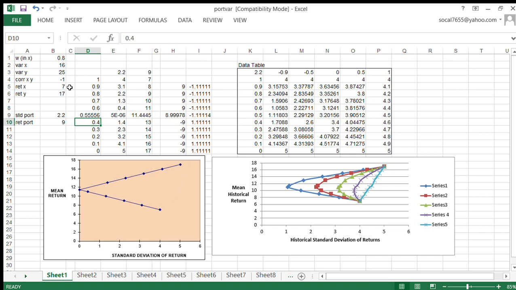Now, we'll notice that the ratio here, I'll create a new cell here. This is going to be equal to the variance of x.